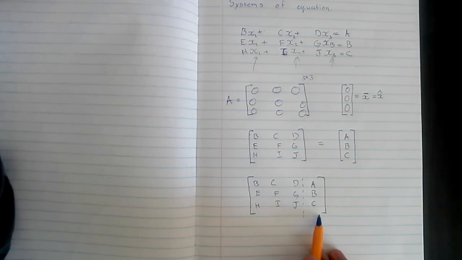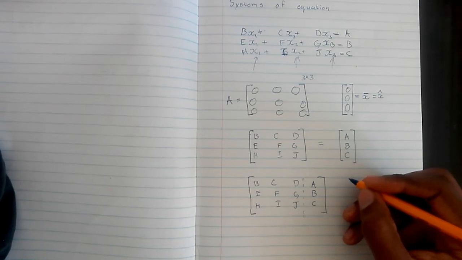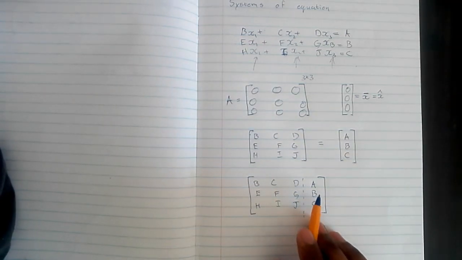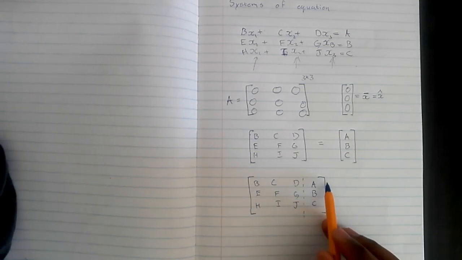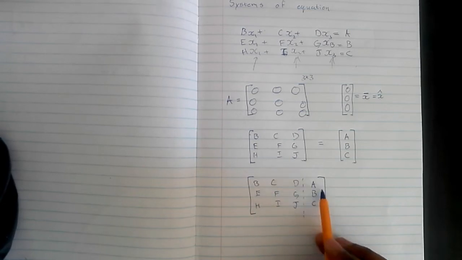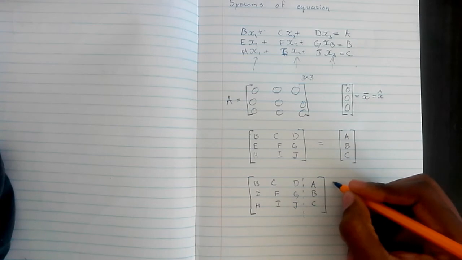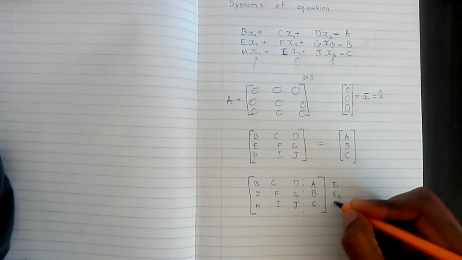Another thing I want to explain is how to apply certain operations to a system of equations. So let's say you had this in this form, and you wanted to make B 2 times its value. You know that in an equation, if you multiply the left hand side of the equation, you also multiply the right hand side of the equation. So let's say this is equation 1, and this is equation 2, and this is equation 3.